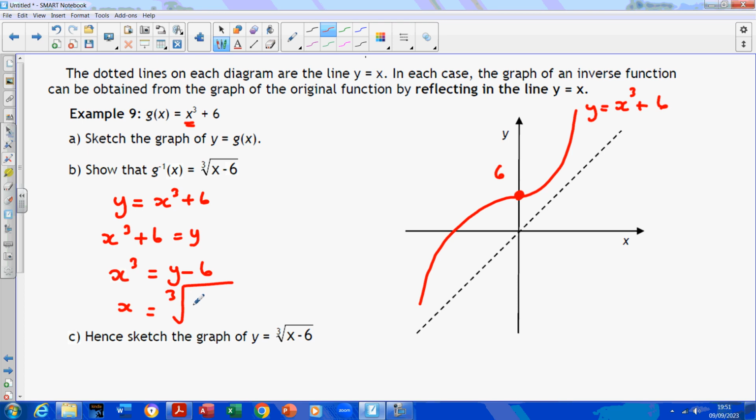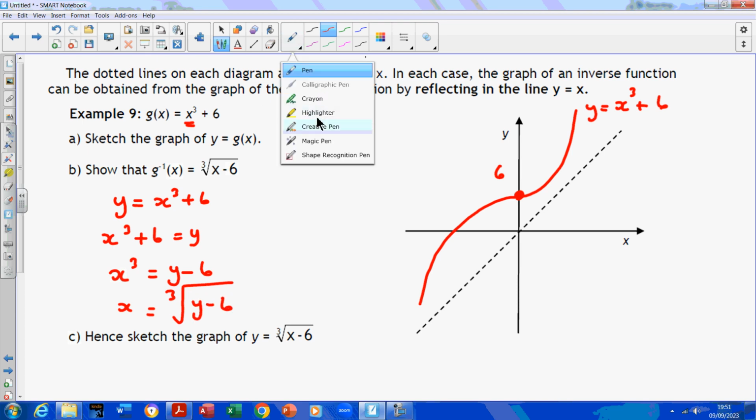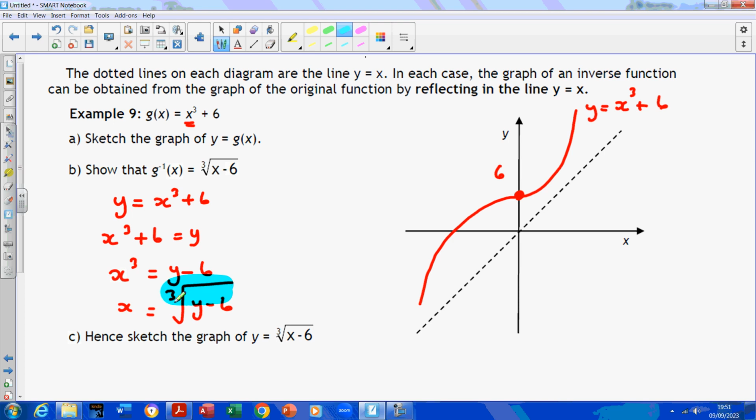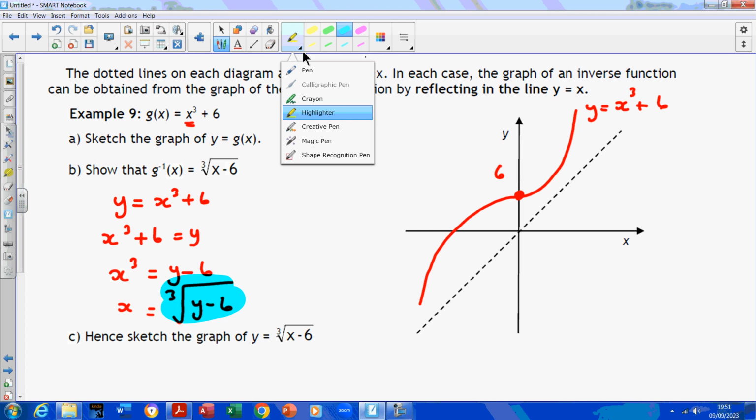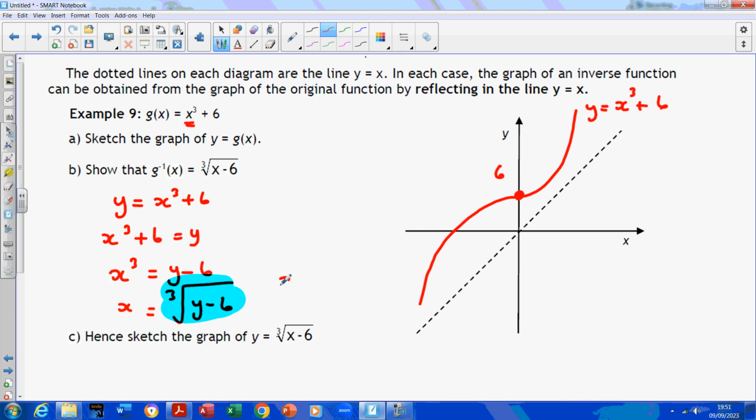So the cube root of that whole thing there. I've now got my answer. There's the answer sitting there. But remember, we've got to change it back to x's. So g inverse of x is equal to the cube root of x minus 6. And that's what they asked us to do, so that's right.